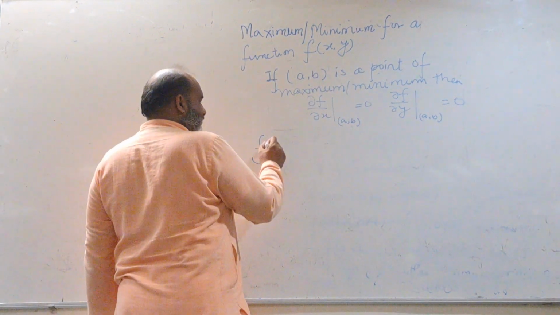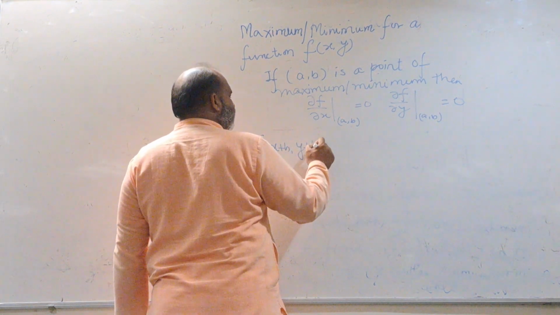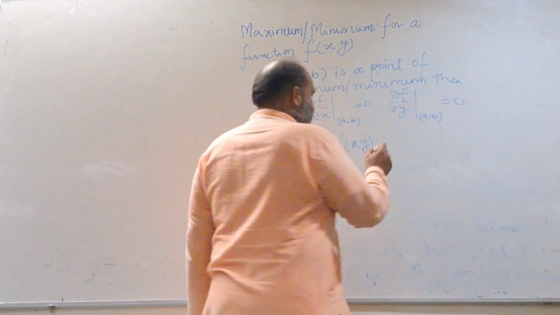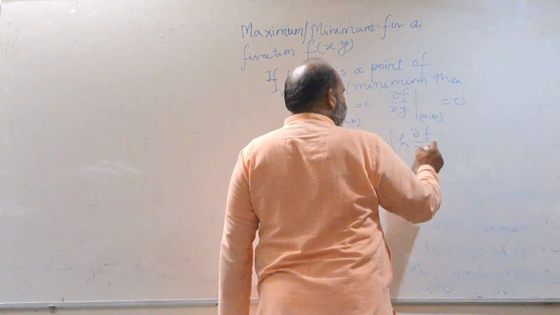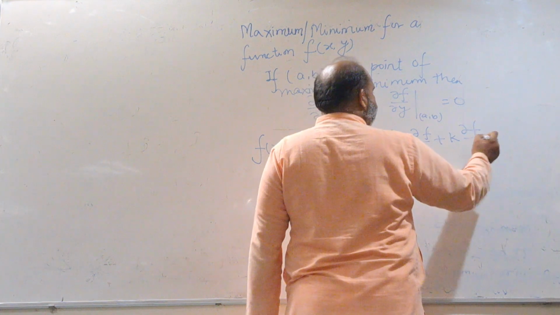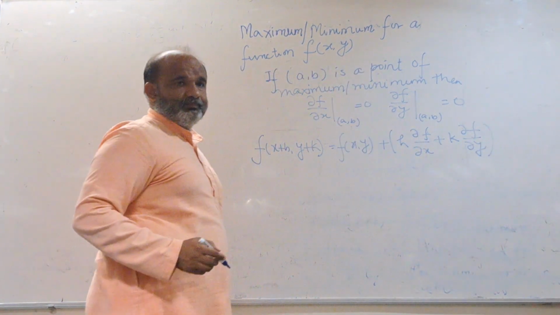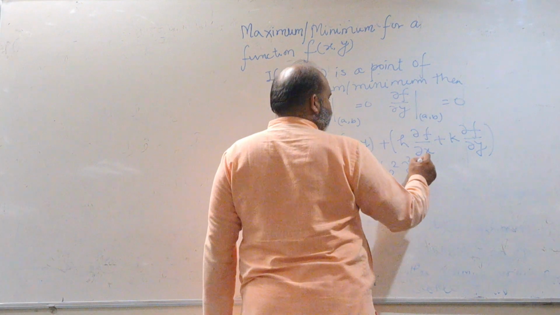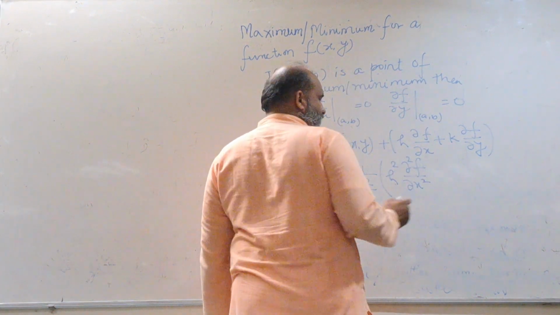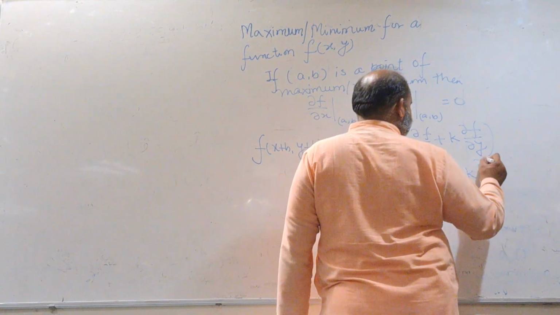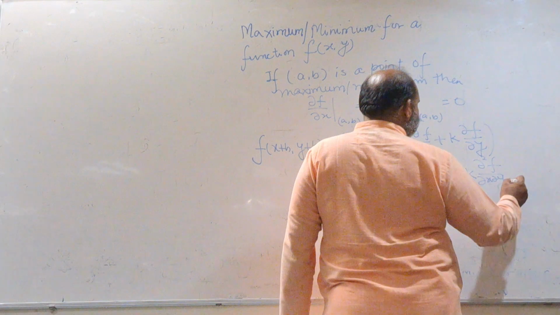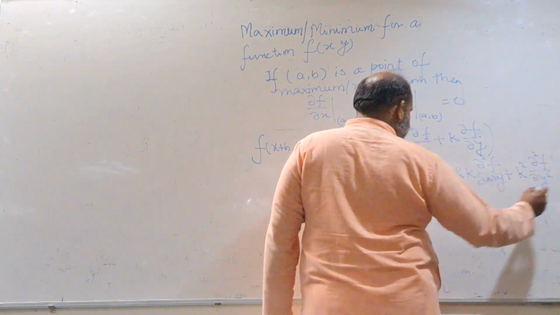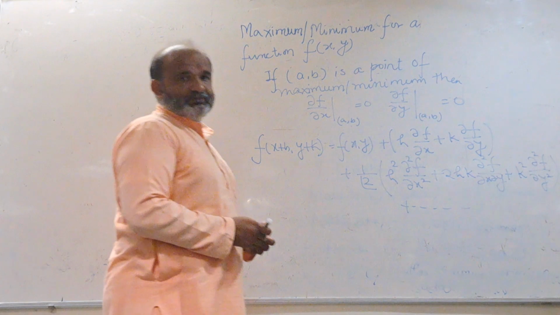That is f(x+h, y+k) equal to f(x, y) plus h del f over del x plus k del f over del y, plus 1 upon factorial 2 times h square del square f over del x square plus twice hk del square f over del x del y plus k square del square f over del y square, and plus higher order terms. Is it okay? Yes.